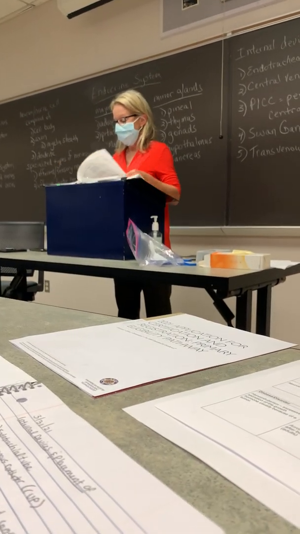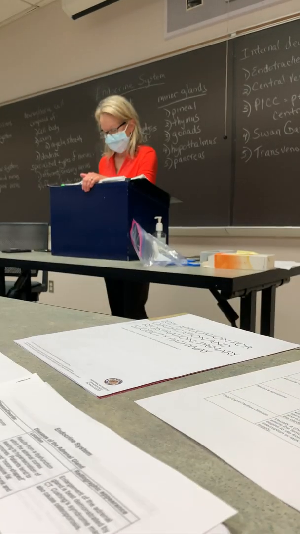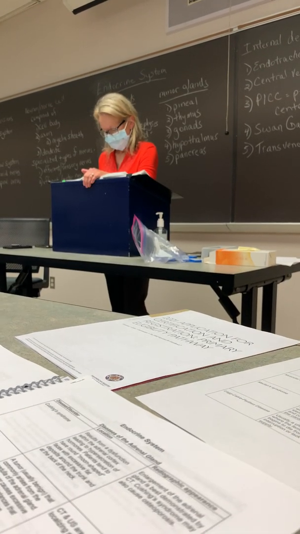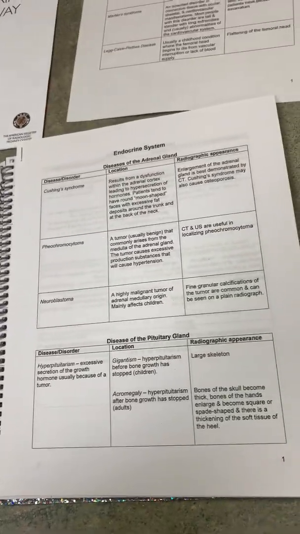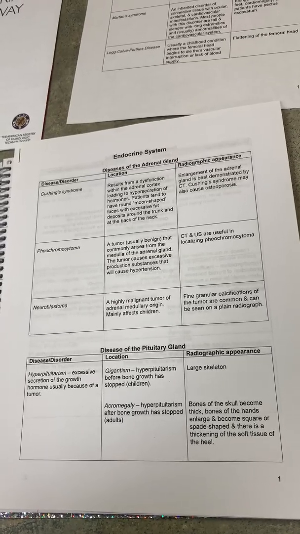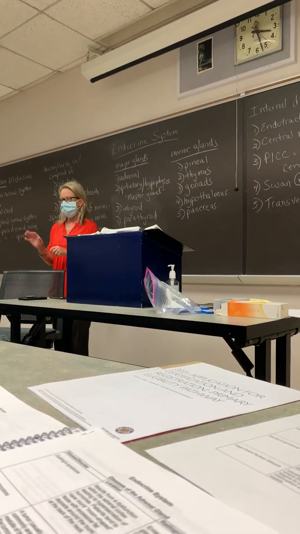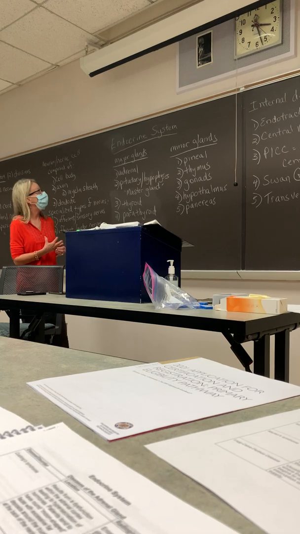We are moving on to the endocrine system. So you're going to have a little bit of writing to do with this one, because I didn't put it on your handout. I named the different types of endocrine glands, which when we get to them in the disease process, I'll explain a teeny bit, basically where they are.